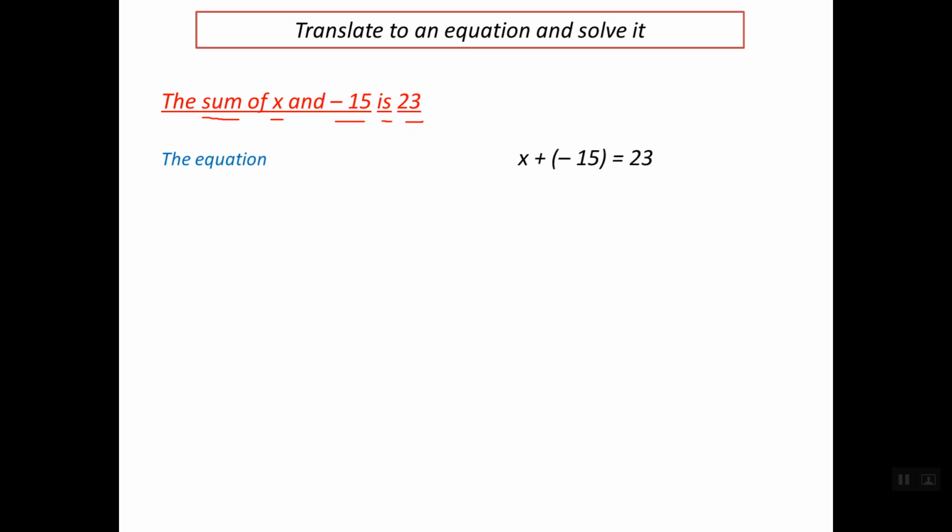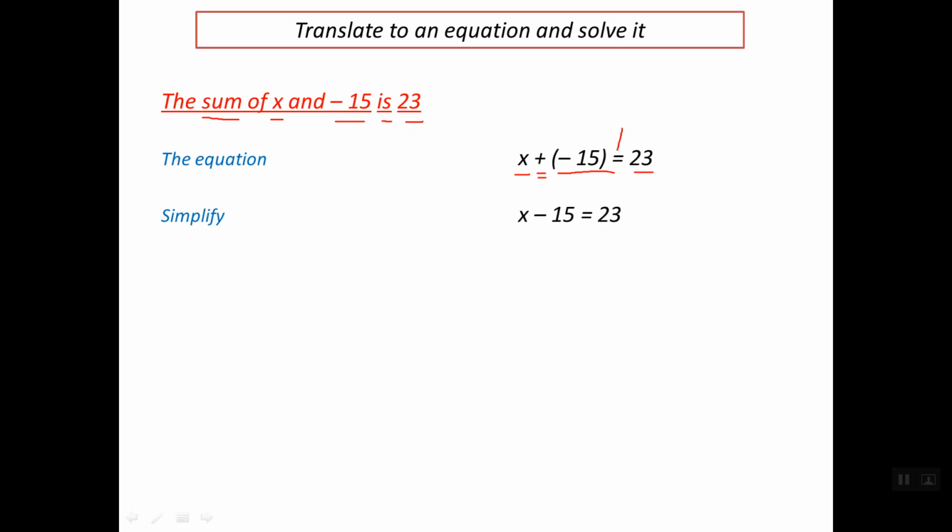So we can translate this algebraic statement into an algebraic equation by saying the sum of x and minus 15, which is the expression of the sum, is, so equal means is, 23. So this is the translation of this statement.